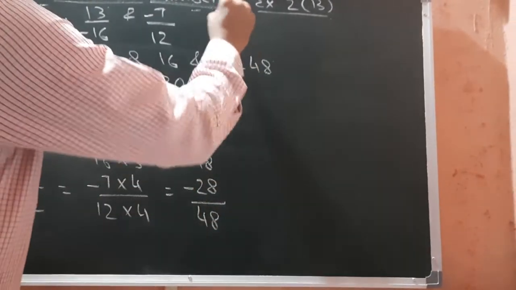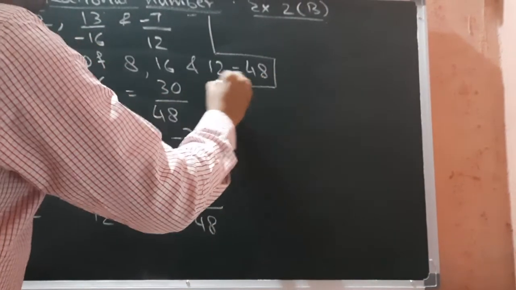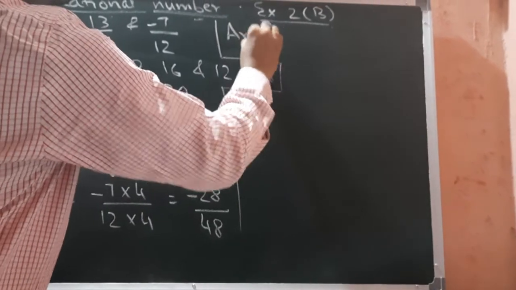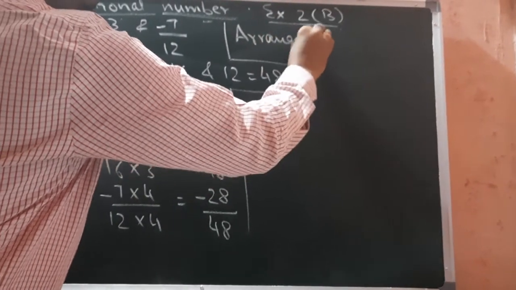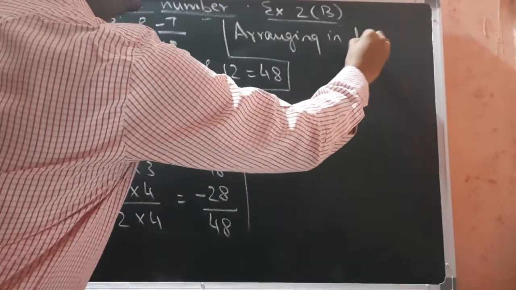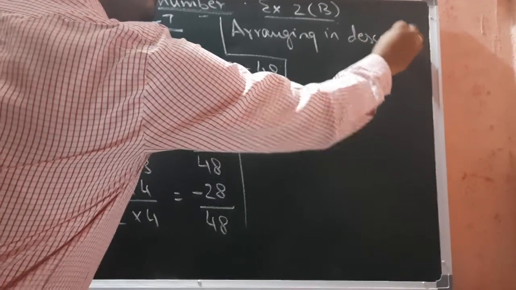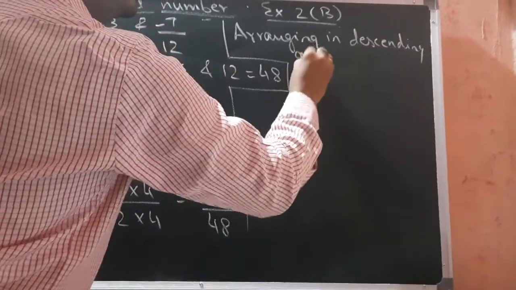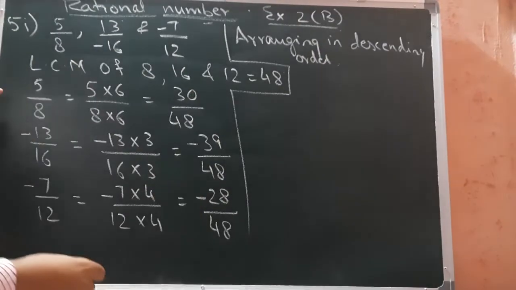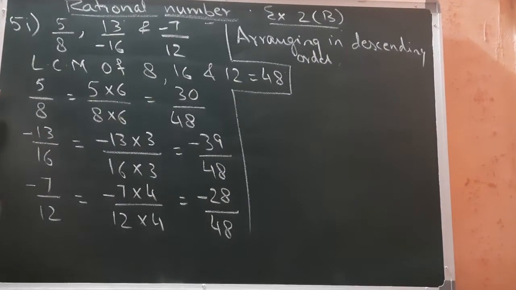Now arranging in descending order. Descending order means we have to move from big to small.